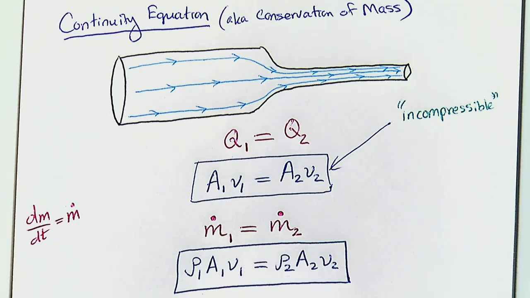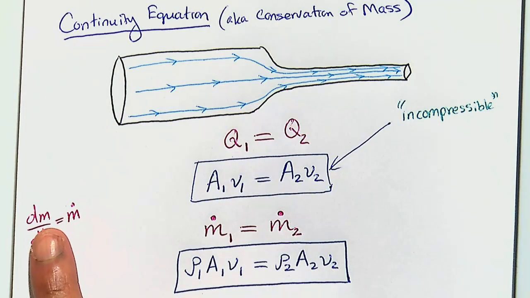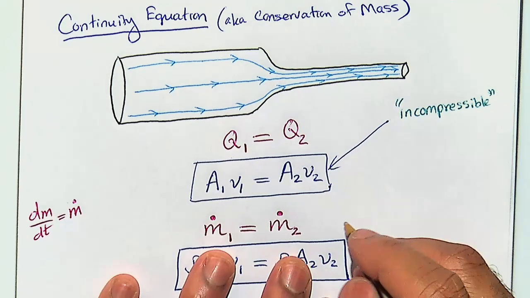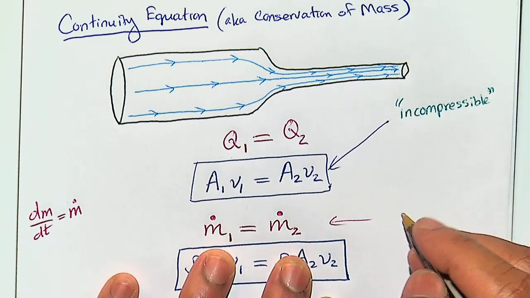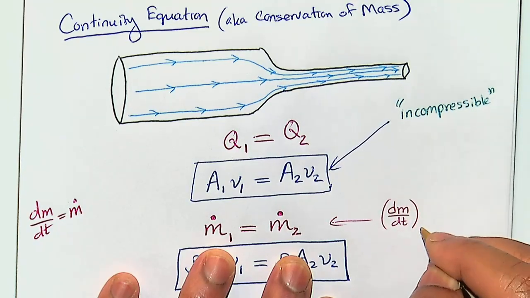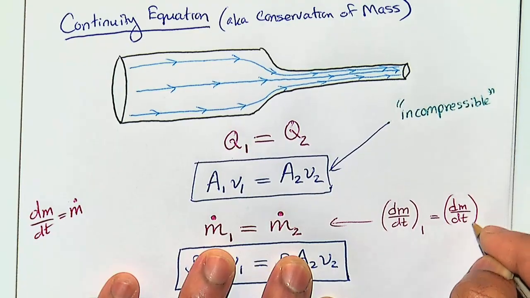We have someone who asked what the little dot over the m was again. Oh yeah, it's just a symbol. If we go to the notes here, m dot means mass per time. It's a shorter way of writing. You can also rewrite this as dm dt 1 is equal to dm dt 2.